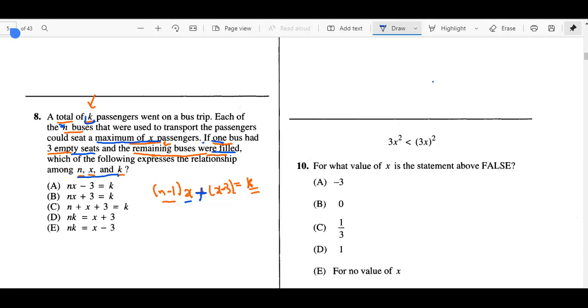If one bus had 3 empty seats only, so if in total I can have x, I have to minus 3 because only x minus 3 passengers are in that one bus, and this sum is basically going to give me the total number of k passengers, right? So I am going to get xn minus x plus x minus 3 equals k. X and x are cancelled, so this is xn minus 3 equals k. So A is the answer.